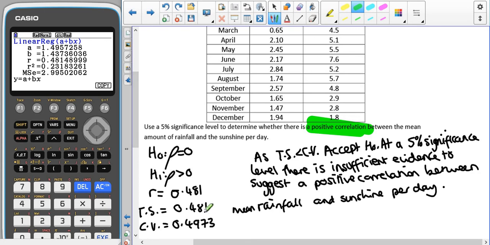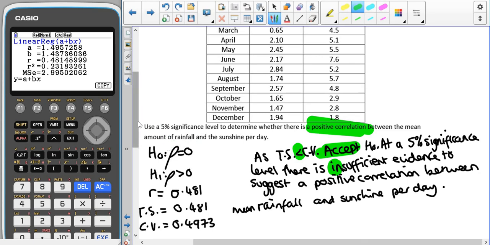The critical value from the critical value booklet on page 23 gets us 0.4973. So this time again our test statistic is smaller than the critical value, which means that we accept H0 at 5% significance level. There is insufficient evidence to suggest a positive correlation between the mean rainfall and sunshine per day.